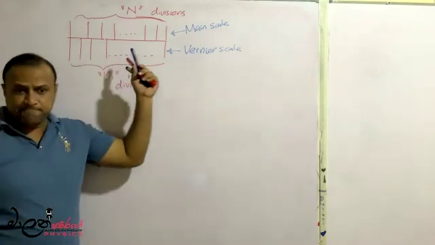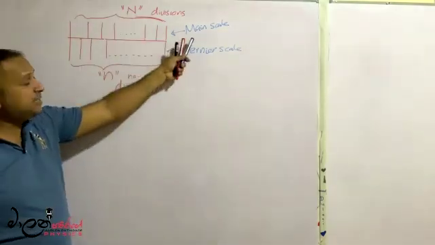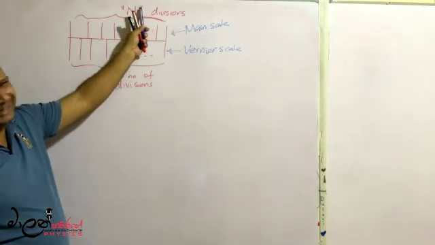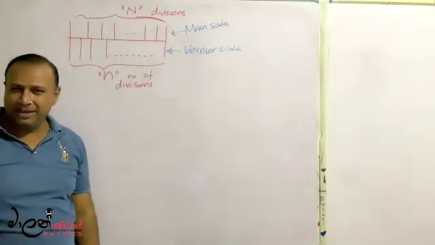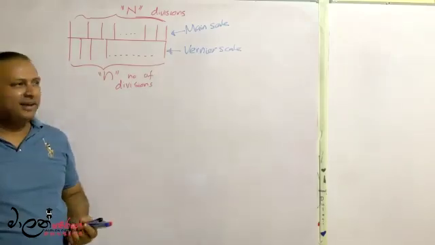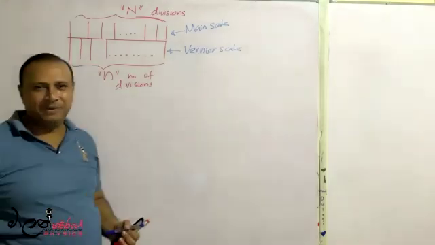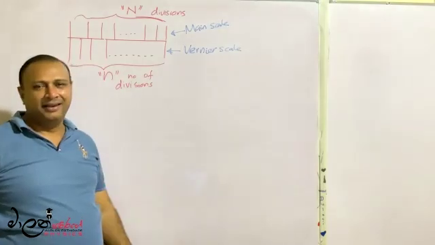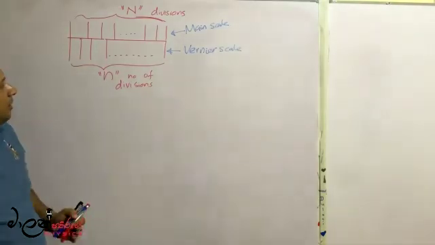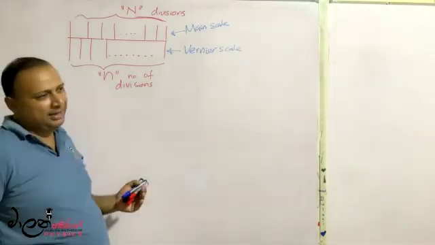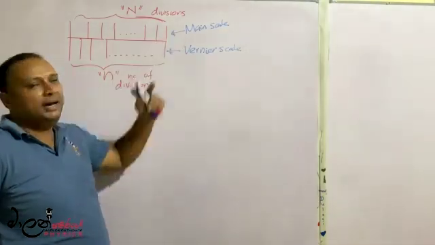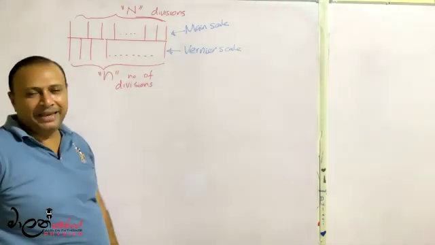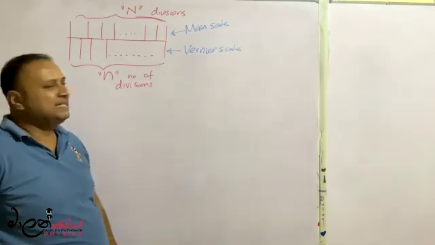Okay, look at this. As this is the main scale, we use capital N. As this is the vernier scale, we use simple n. This is a thumb rule, not a standard rule, but as a thumb rule we use capital N for the main scale and simple n for the vernier scale.